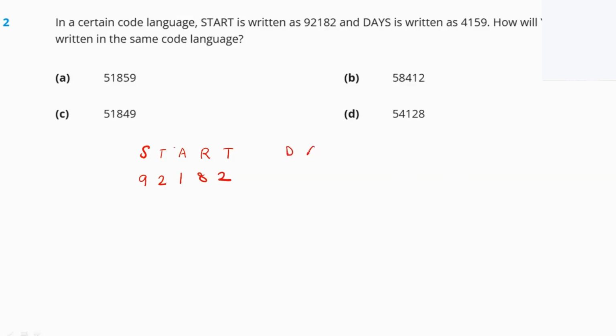Another word, days, has the number 4159. So you have to find out the code for yards. You have to see the corresponding numbers for each of the letters, and then write those numbers for the new word which is given to you.